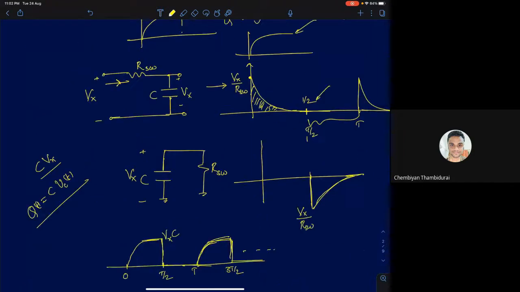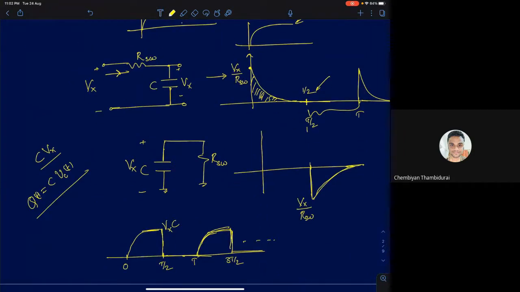In the next half cycle, the capacitor is discharged by the switch resistance RSW. Initially the current will be Vx by RSW, and eventually it will go to 0 from T by 2 to T seconds. Whatever charge the capacitor was charged to, it will be fully discharged by the end of the first full cycle.